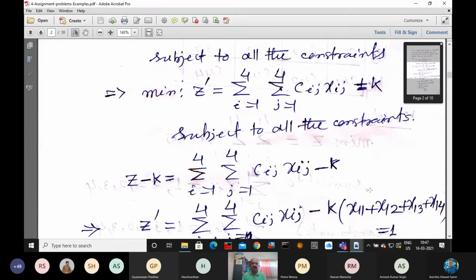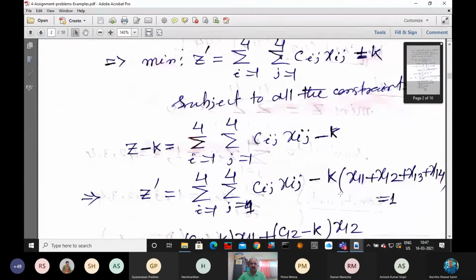Now, how to write this? We write it in this form: summation over i varies from 1 to 4, j varies from 1 to 4, cij xij, minus k times x11 plus x12 plus x13 plus x14. Their sum is equal to 1, as already given in the constraints for every row and every column.